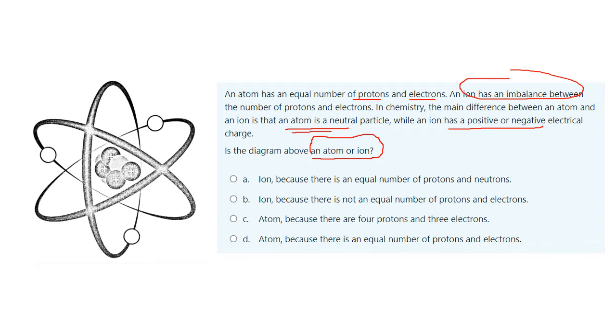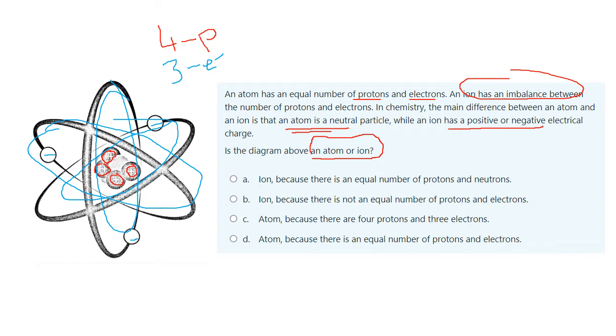Well, we have plus, plus, plus, plus. So we have 4 protons. We have -1, -2, -3. And if we look at the circles, there are 1, 2, 3 electrons.